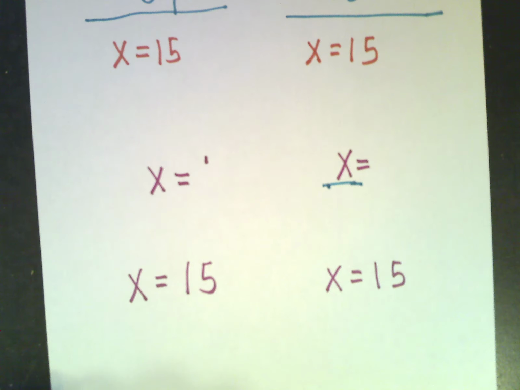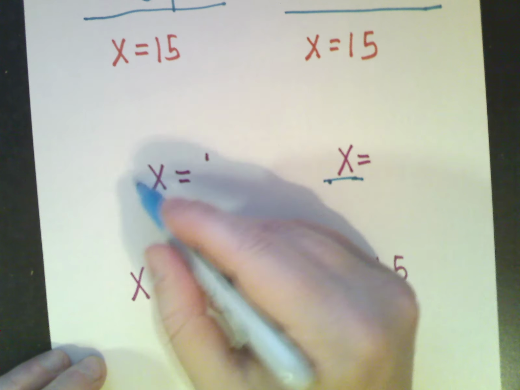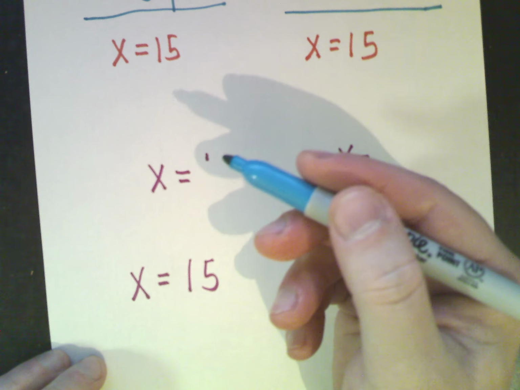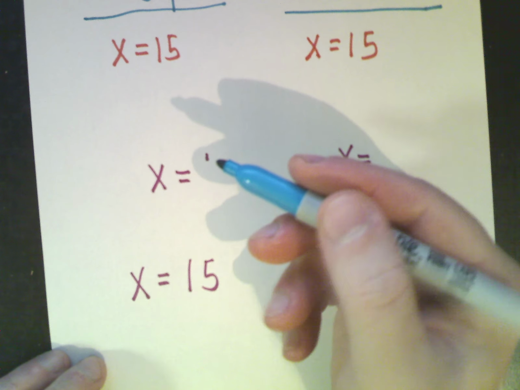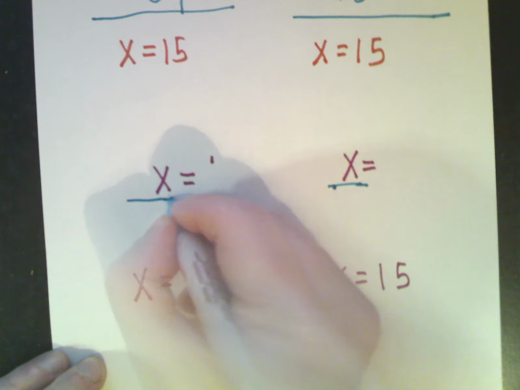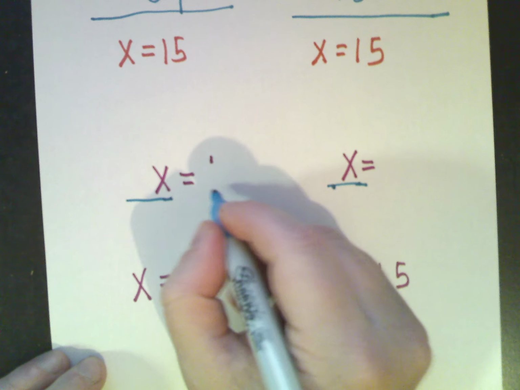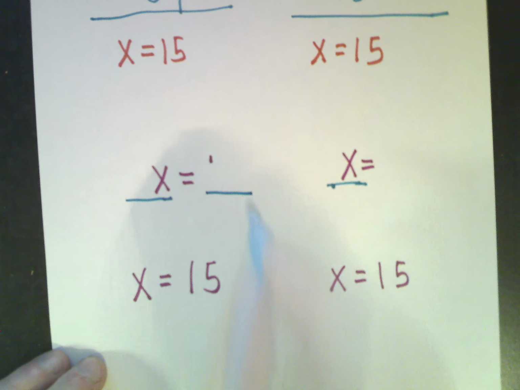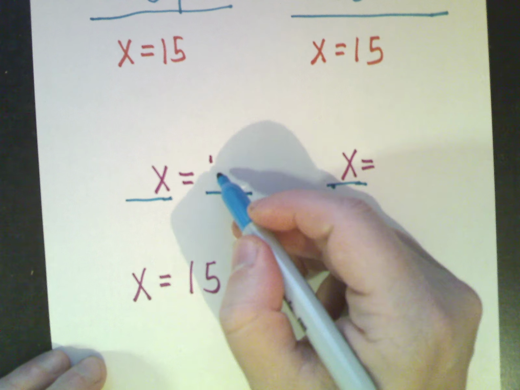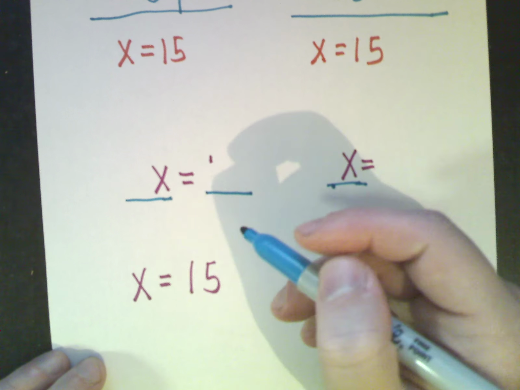So let's go the other way around. So if I'm going to do multiplication, the inverse operation of that is division. So what number divided by something gives me 15?